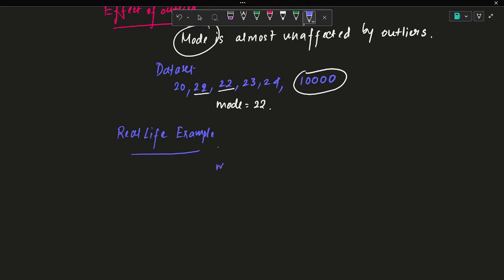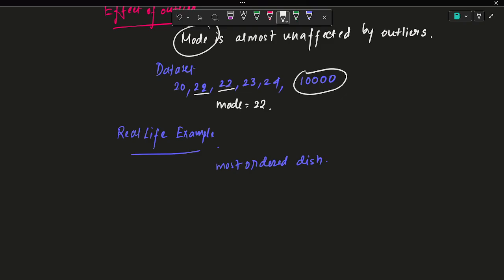So if I go for the most ordered dish, this is basically a categorical value, because there you will have lots of items, and the most purchased or most ordered item will be the mode here, as a measure of central tendency.